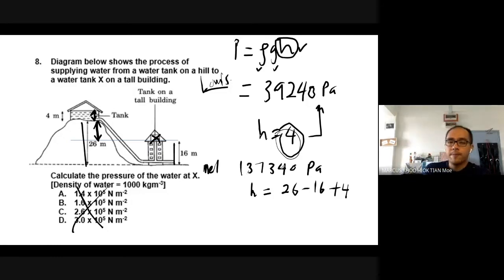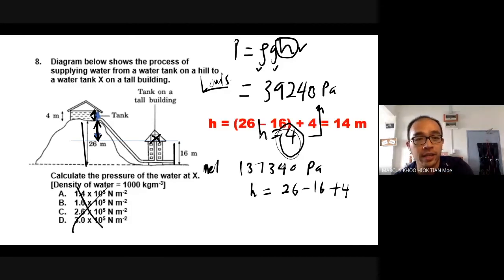Anybody else got different interesting answers besides this one? Same as Mel. Okay. According to this answer over here, the answer will actually be correct. You have to use the 14 meters, because you need to count from the tank all the way to the top of the water.